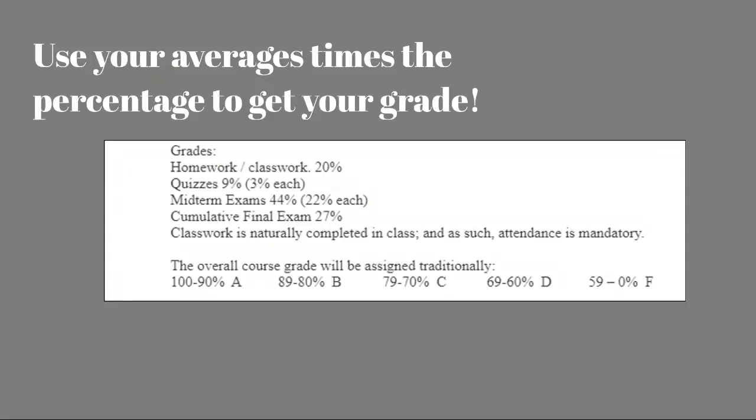So we would calculate our average points times the percentage, which would equal our total in that category, and then we would add up the percentages to figure out our total grade.